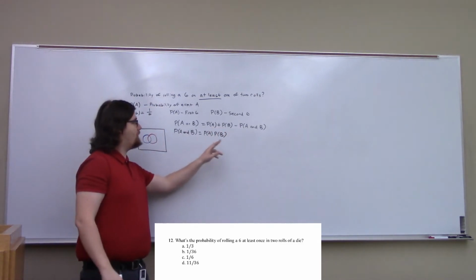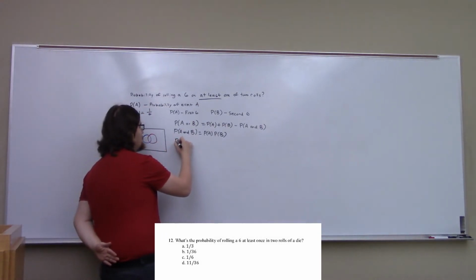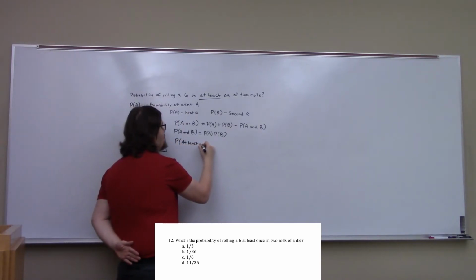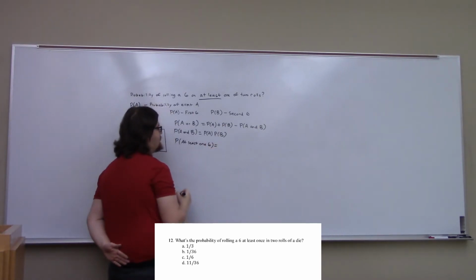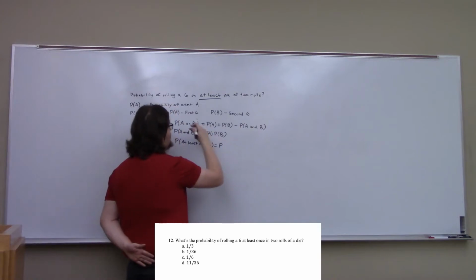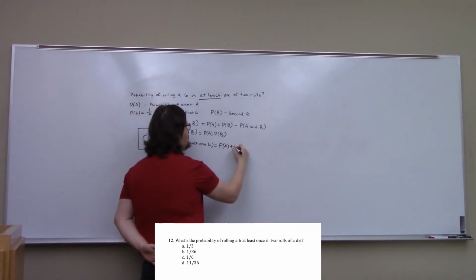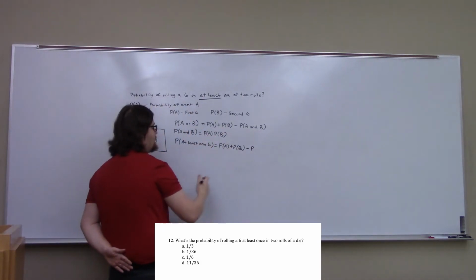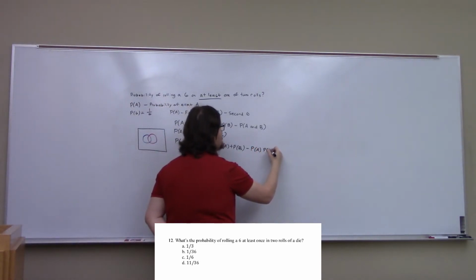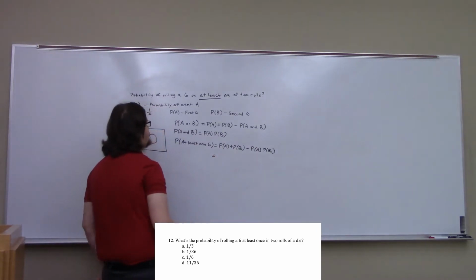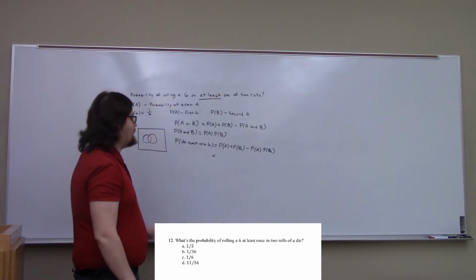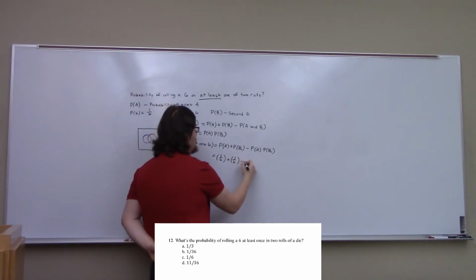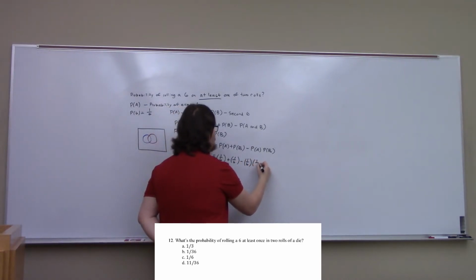If we plug this into the formula, we will find that the probability of getting at least one 6 is equal to the probability of A, which is our first 6, plus the probability of B, which is our second 6, minus the probability of A and B, which we know is simply A times B. If we plug in our known values, where each of these is a probability of 1 over 6, that probability is 1 over 6 plus 1 over 6 minus 1 over 6 times 1 over 6.